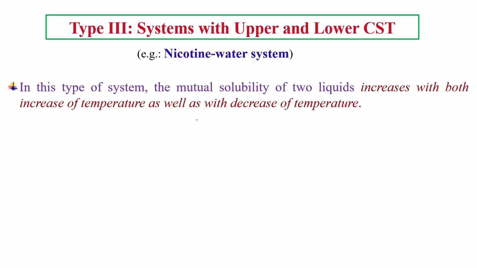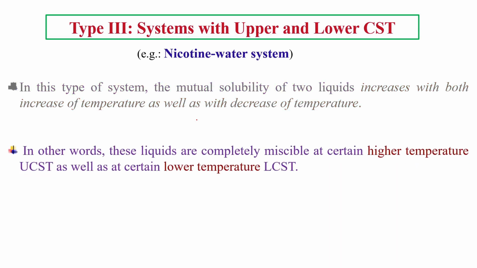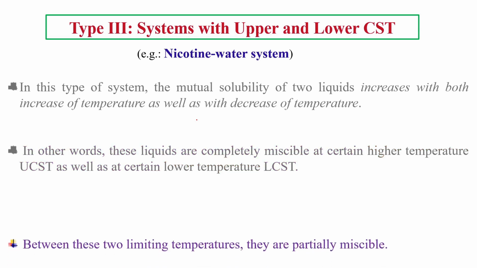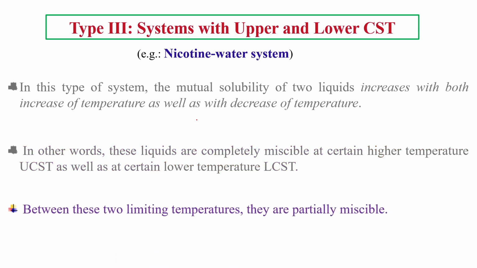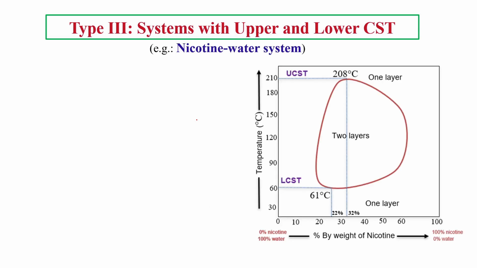In this type of system, the mutual solubility of two liquids increases with both increase of temperature as well as with decrease of temperature. In other words, these liquids are completely miscible at a certain high temperature as well as at a certain lower temperature. Between these two limiting temperatures, they are partially miscible. The systems that follow this type of CST show similar graphs as shown here.